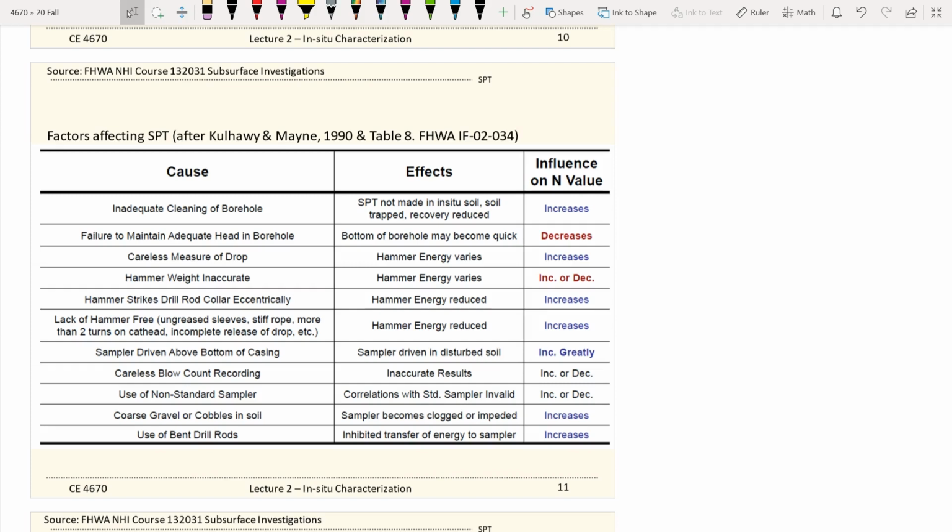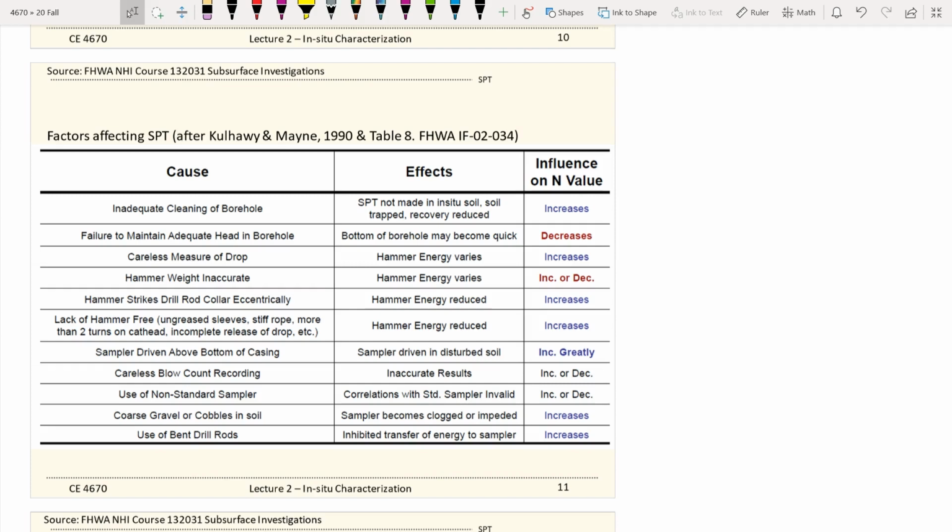Back in the old days, we didn't have fancy technology, equipment, or data interpretation and computational methods. So with SPT blow counts, dropping hammers, you get an index correlated to the soil resistance, which is quite simple to implement, but it comes with a price: many other effects can influence your N values.